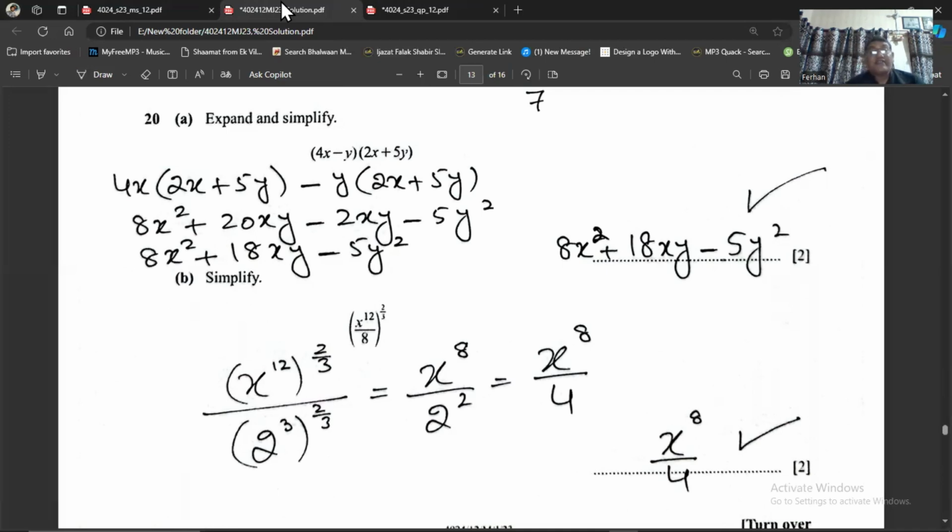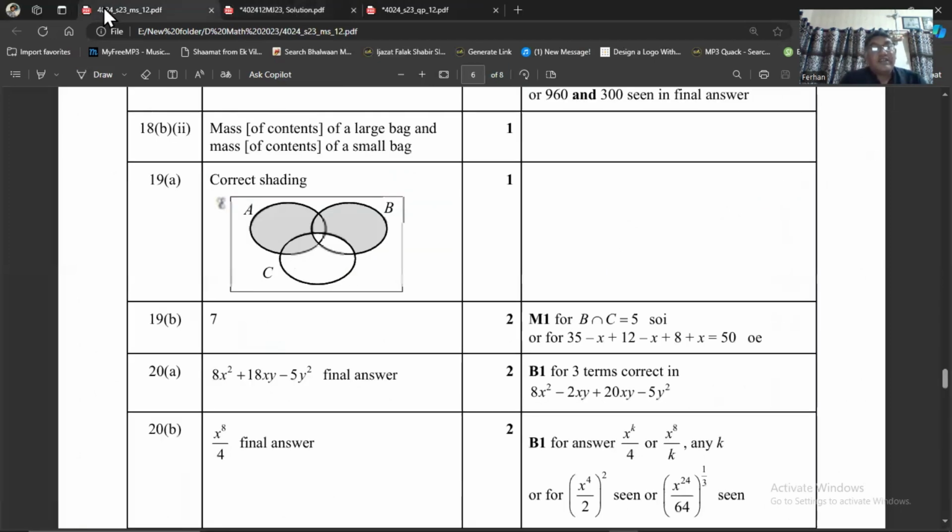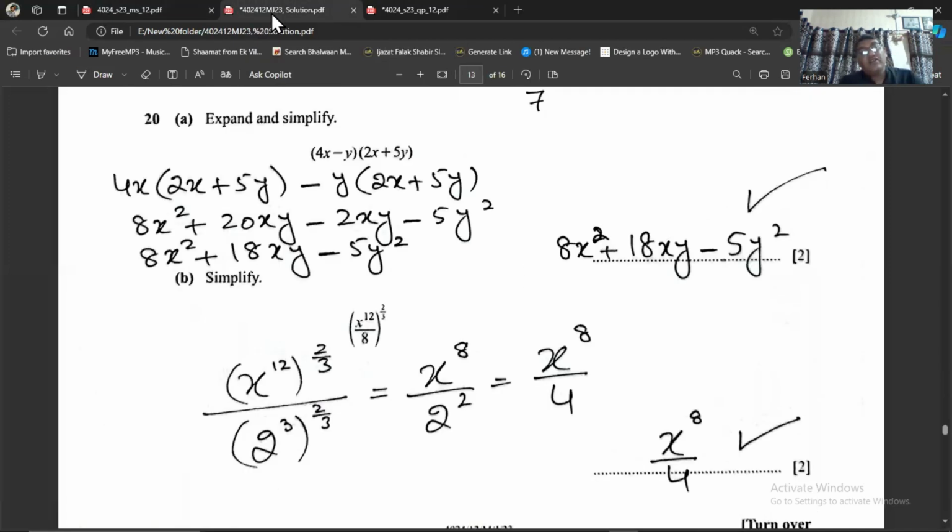So you will have 8x square plus 20xy minus 2xy minus 5y square. So you will have 8x square plus 18xy minus 5y square.